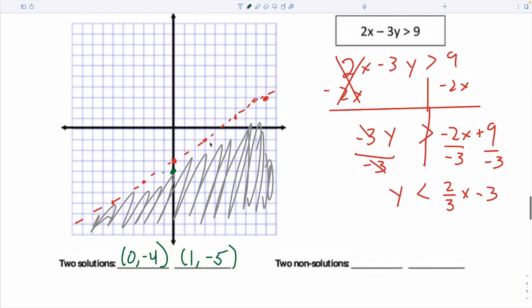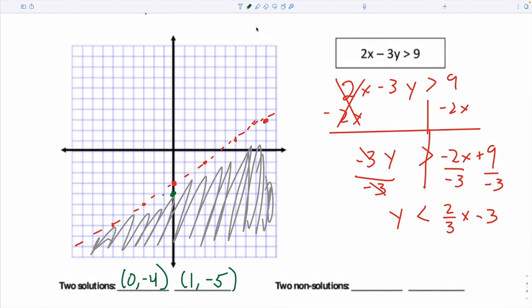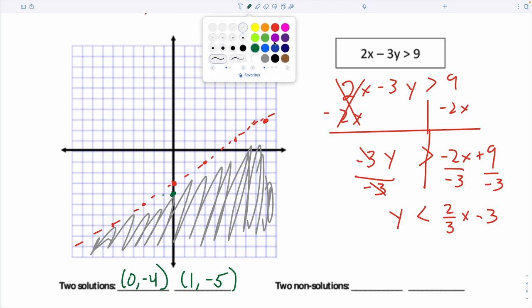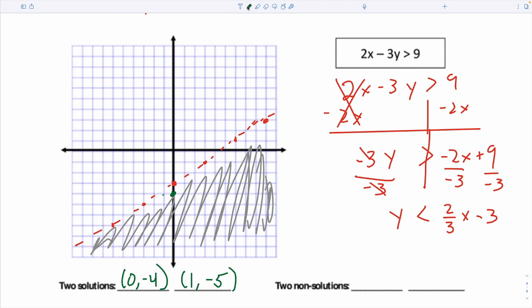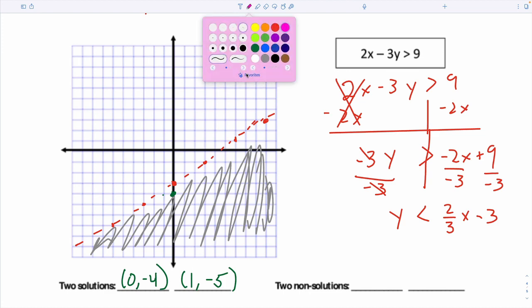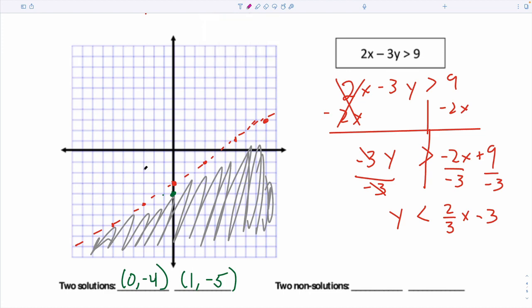Give me a non-solution for this, Mariah. Over 3, down 5. That's going to be close. Is that right on the line? -3, -5. Yeah, that's right on the line, and it's a dotted line, so that would work. And Addison, give me 1 other non-solution.